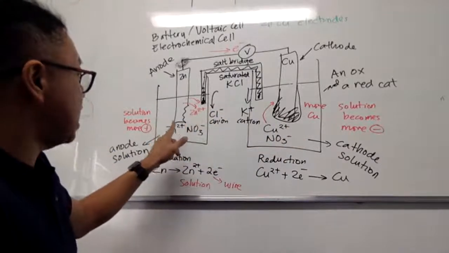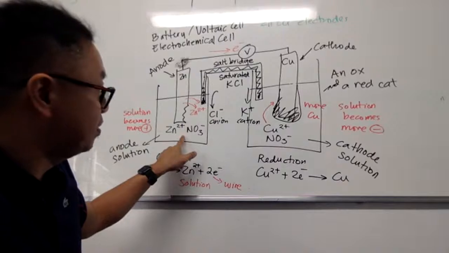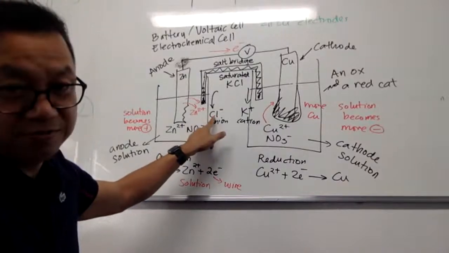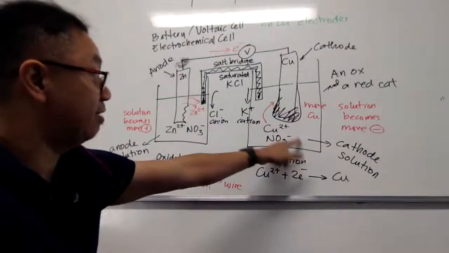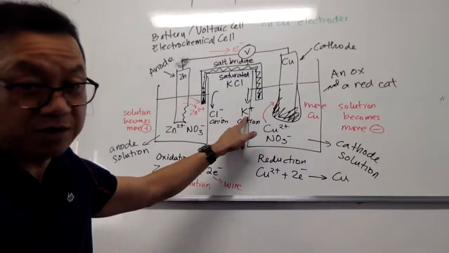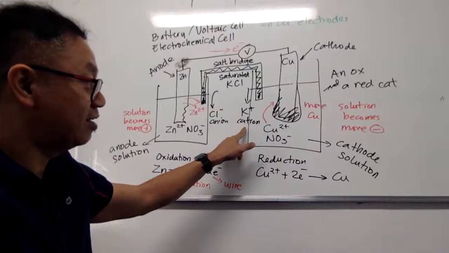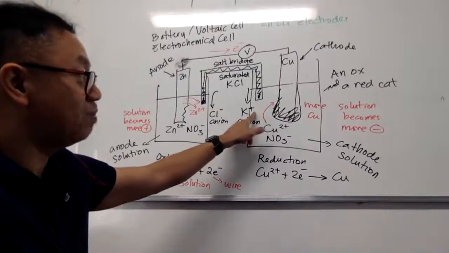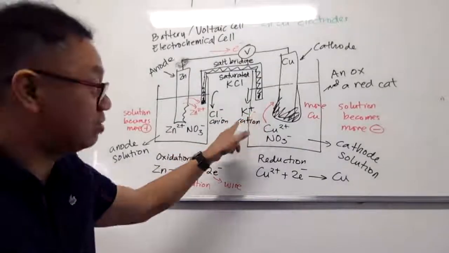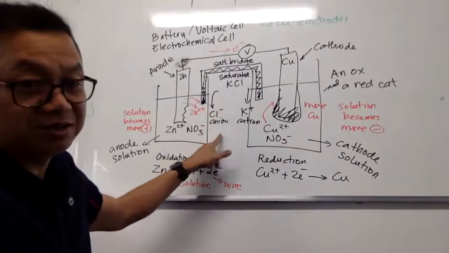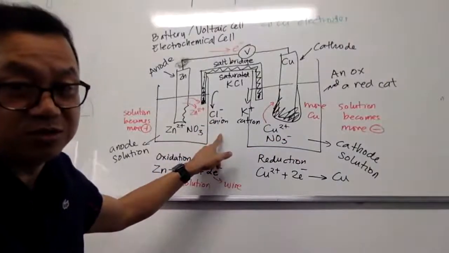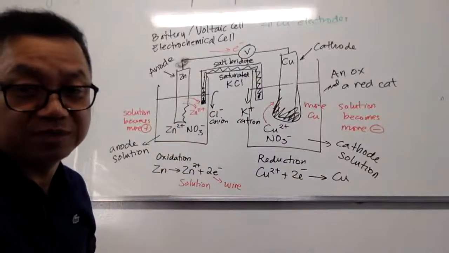Because the anode solution becomes very positive, the chloride will flow there. Because the cathode solution is very negative, the K plus will go there. That's why we name positive charged ions cations, because they go to the cathode solution. The anion is called anion because they go to the anode solution.